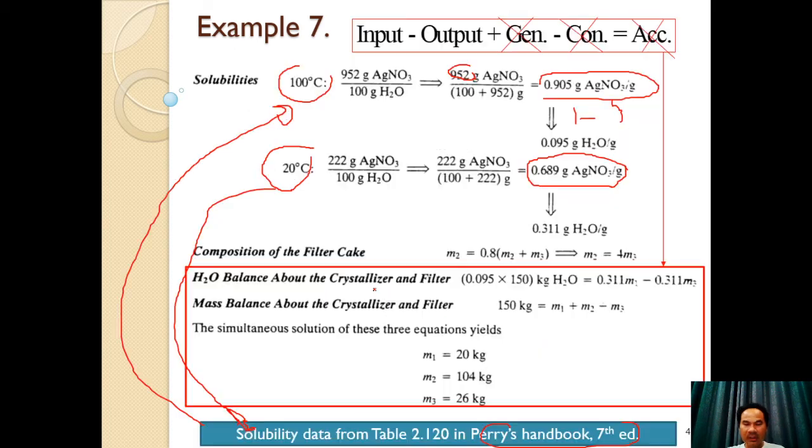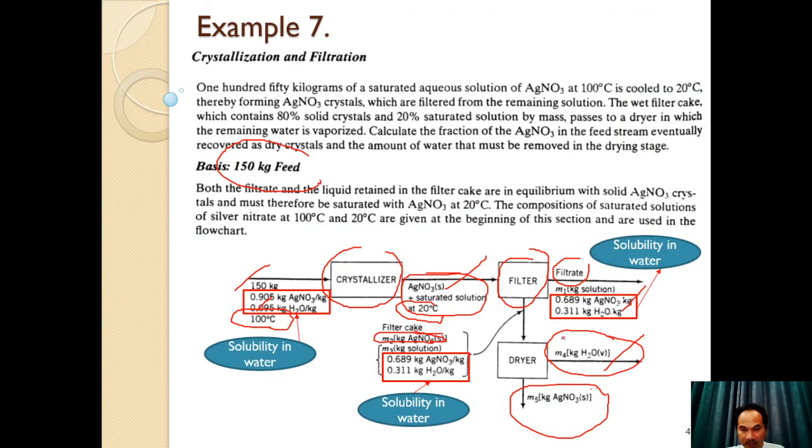You have to take the degree of freedom. If you calculate the composition of the filter cake, what is the composition of the filter cake? The cake is M2, that's right. M2 means the silver nitrate crystal, and the liquid amount is 20%, with 80% solid.